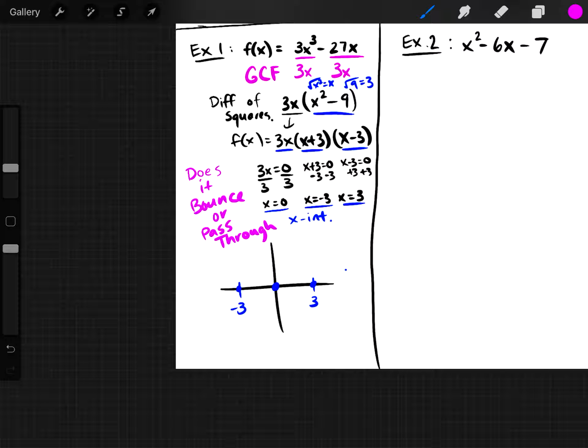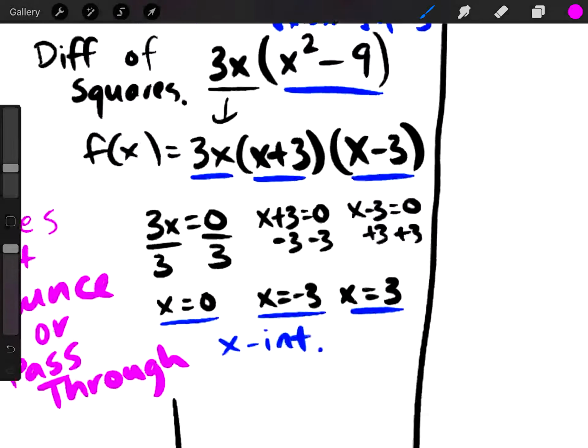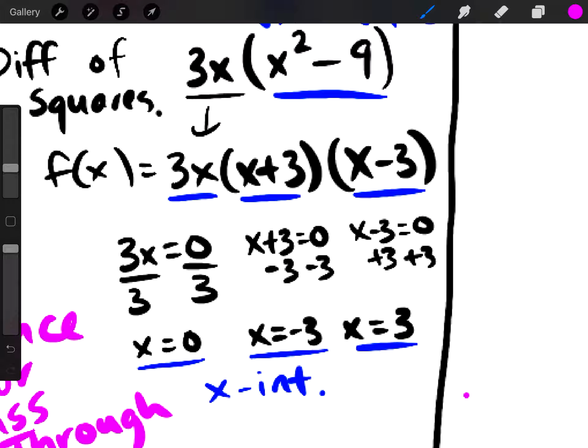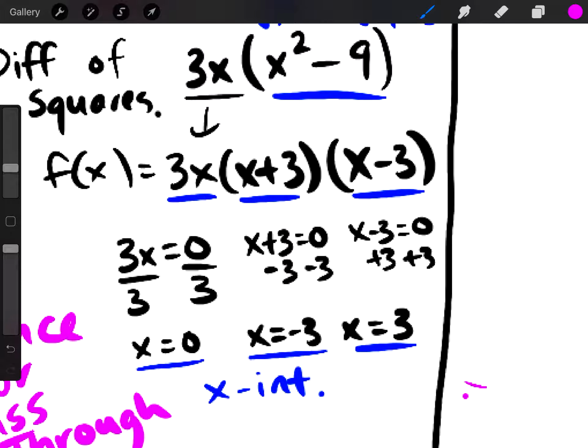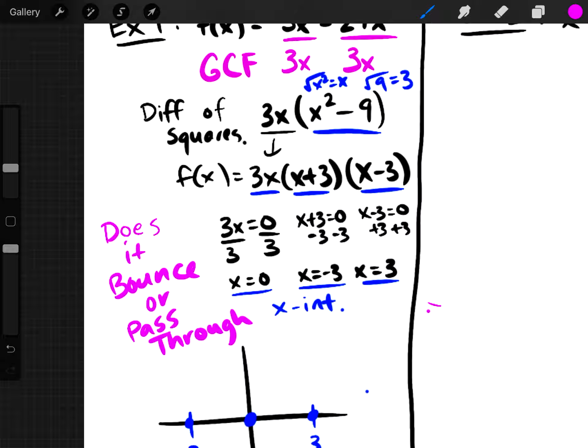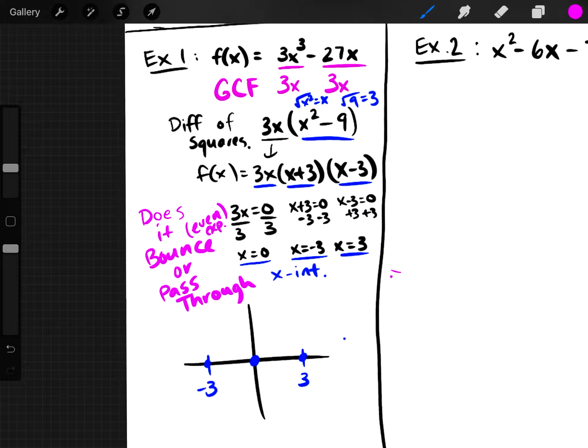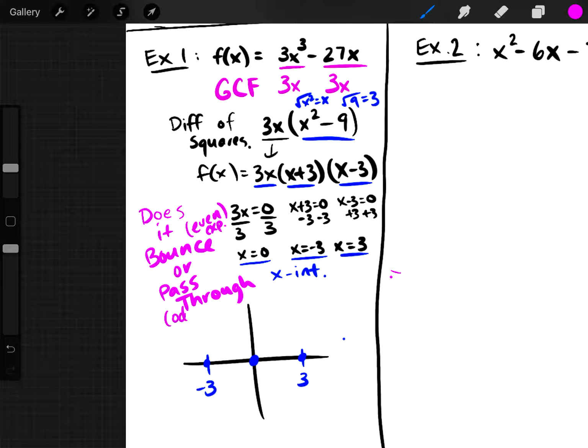And if you remember, what tells us that is when we go back to the beginning and we look at these three specific factors here. It's what's the multiplicity, or what's our exponent? For a bounce, it had to be an even exponent. For it to pass through, it was an odd exponent.